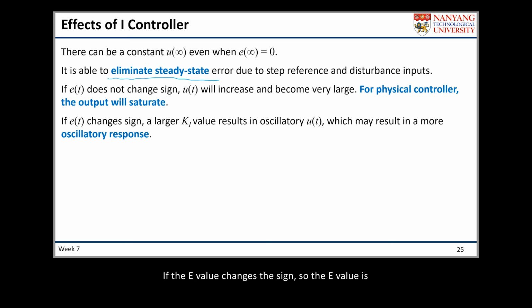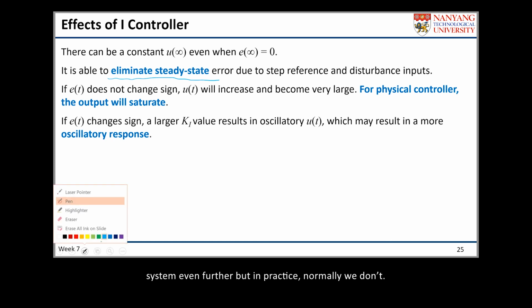But if the E value changes sign, so if E is oscillating around 0, a larger Ki might result in a more oscillatory U(t). Your system might always be oscillating. So these are a few things I need to mention about the integral controller. But the most important thing is that the main advantage of the I controller is to improve the accuracy of your system even further.